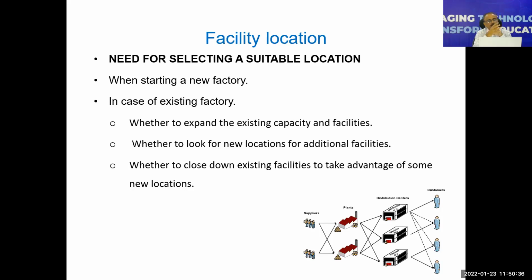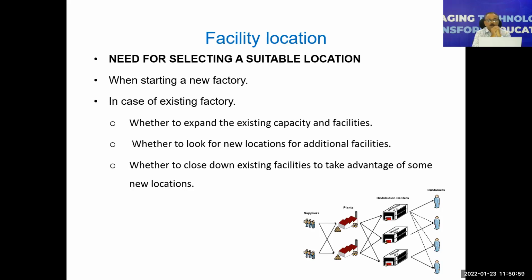Or in the case of an existing factory, you may be looking at plant expansion, expanding the existing capacity and facilities. In that case, you will come across a decision about where you will do the expansion and what kind of location you will select for it.